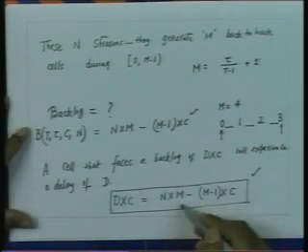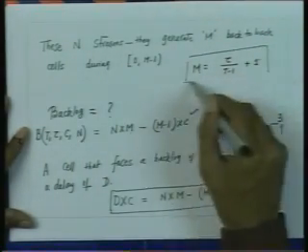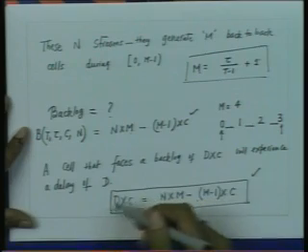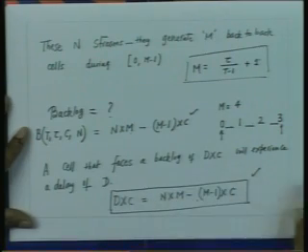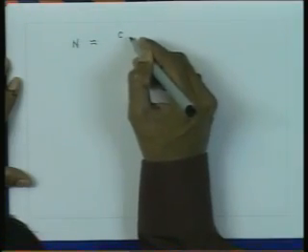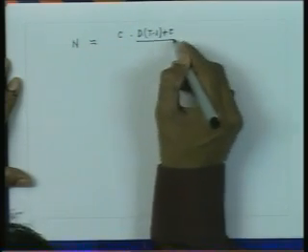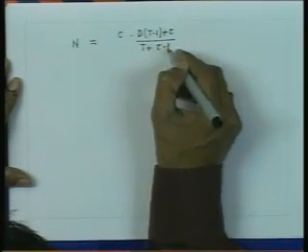So if I just substitute the value of m from this equation into this equation and rearrange, I will get n approximately equal to C into (d(t-1)+tau)/(t+tau-1).